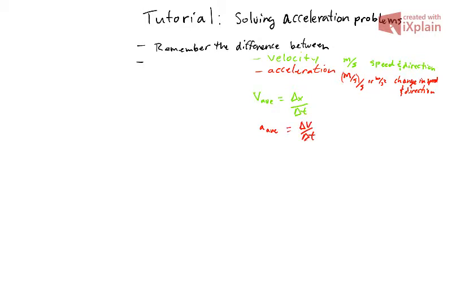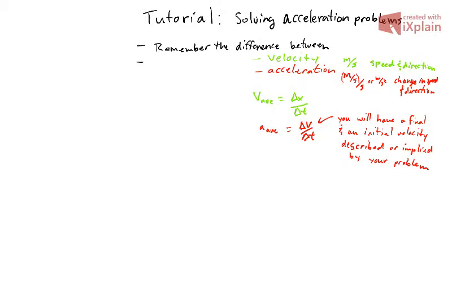Alright, so this change in velocity means you will have a final and an initial velocity, either described or implied by your problem.